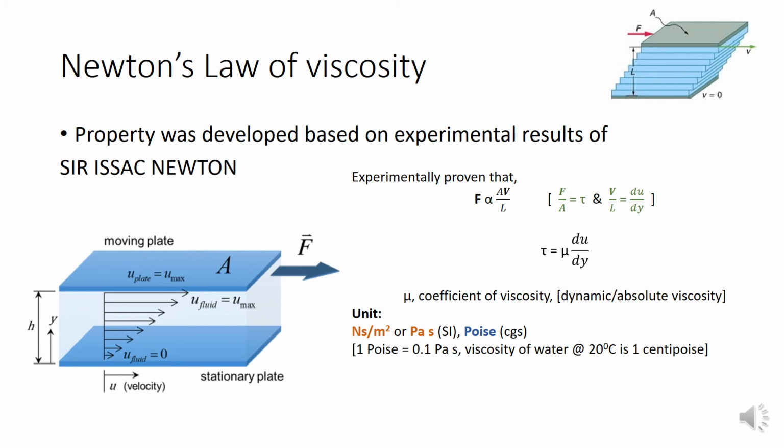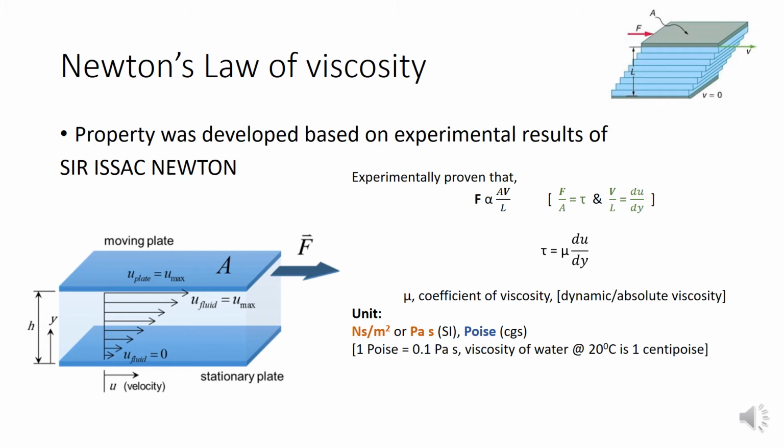So we can define V by L as du by dy, where u is the velocity and y is the distance between the plates. So you will get tau directly proportional to dou u by dou y.